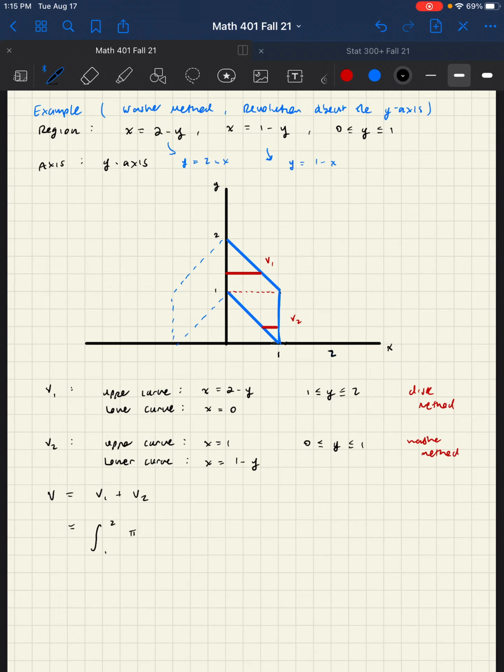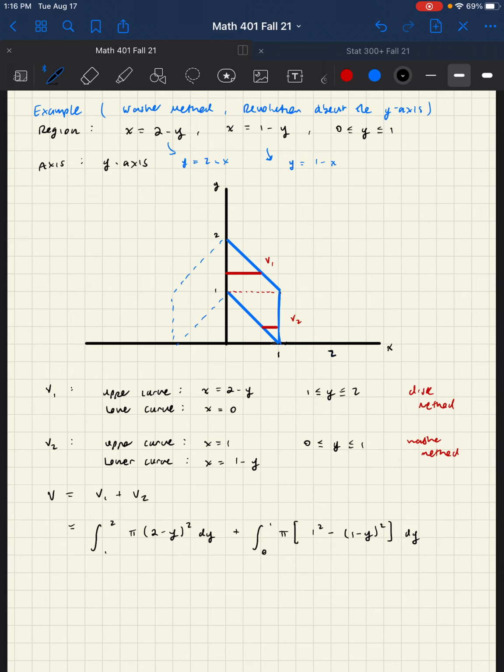V is just the integral from 1 to 2 of pi times (2 minus y) squared dy, plus the integral from 0 to 1 of pi times 1 squared minus (1 minus y) squared.